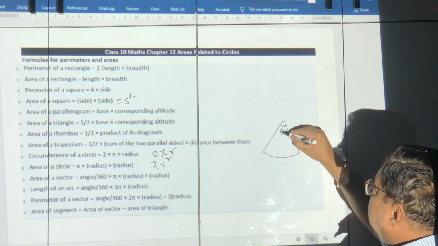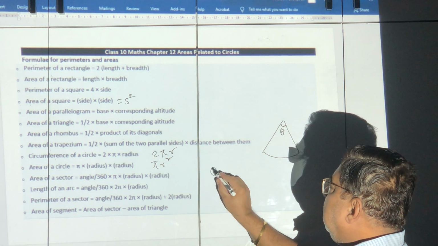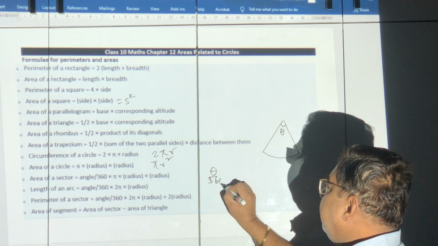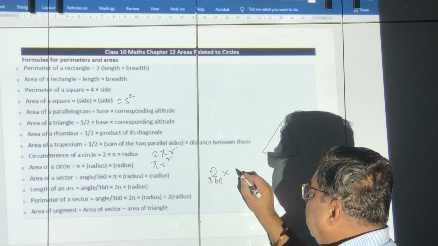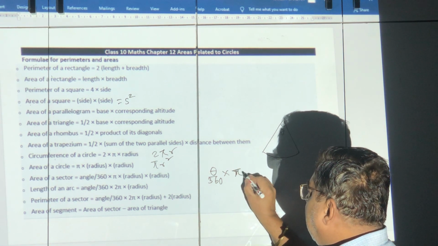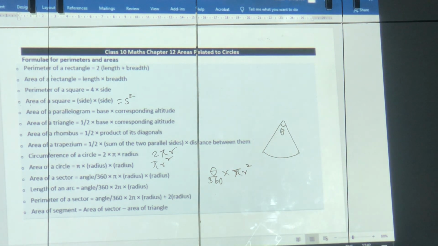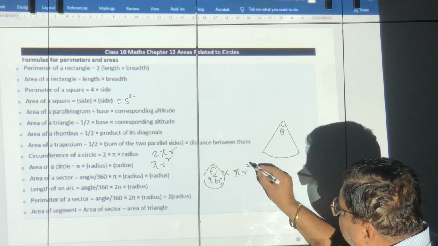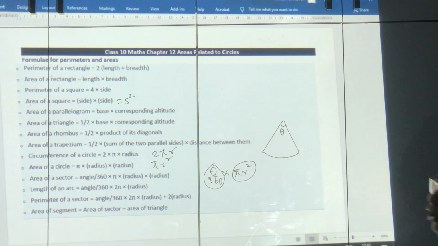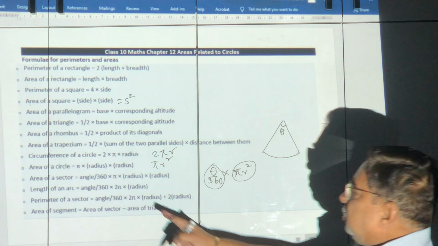This is the angle. So area is angle upon 360 into pi r square. Basically, how much part of the complete circle into the area of the circle. Easy to remember. So this is the area of the sector.